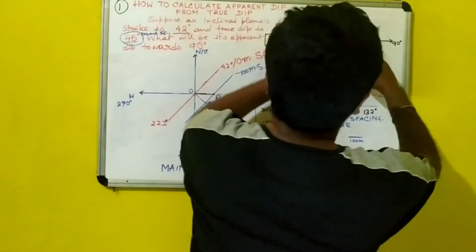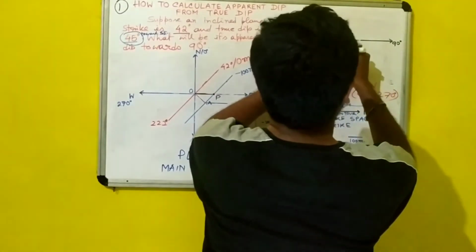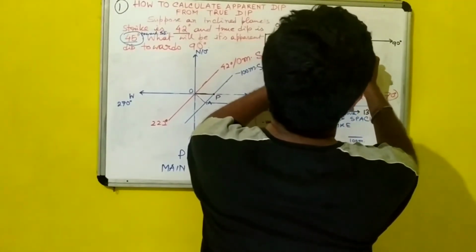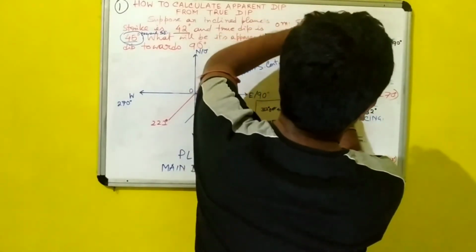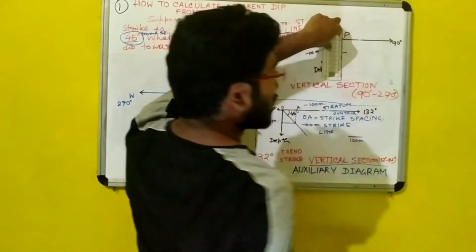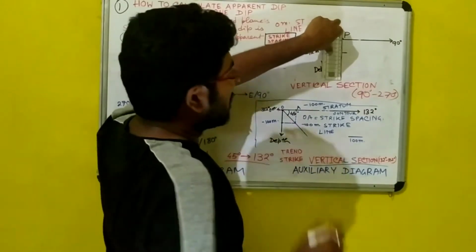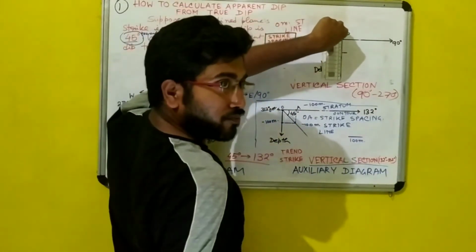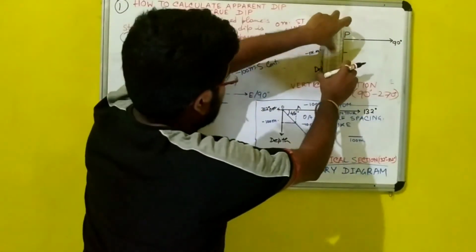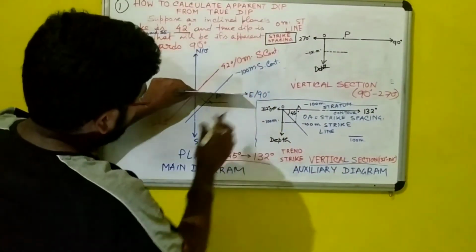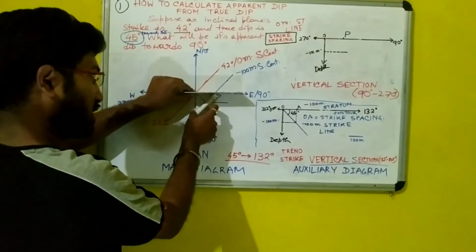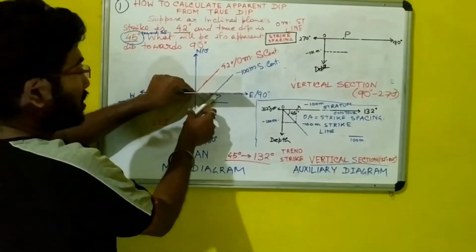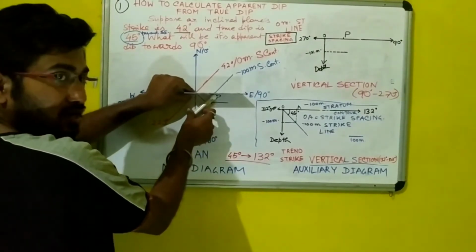Now I have OP. What I will do, I will find the intersection of the minus 100 meter horizontal plane. P is the intersection of the stratum contour with this vertical section along 90 degree to 270 degree.